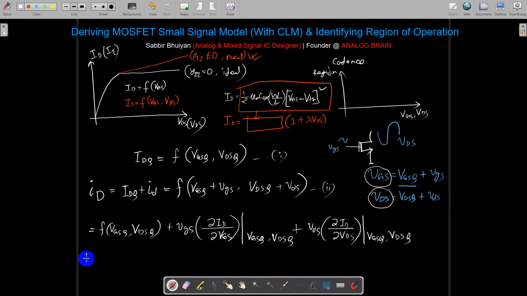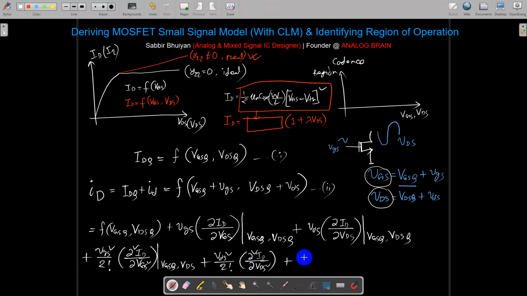Let's write our second term. Our second term would be v_GS squared divided by 2 factorial times ∂²I_D/∂V_GS², again at your operating point (V_GSQ, V_DSQ), plus small v_DS squared by 2 factorial again, and it will be ∂²I_D, your second order differential, second time ∂V_DS².